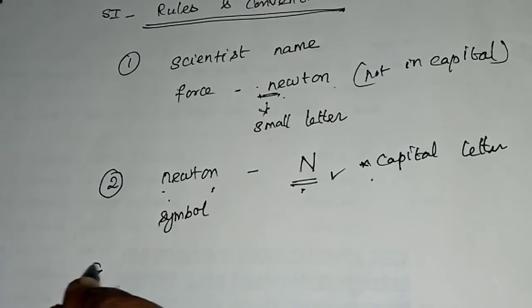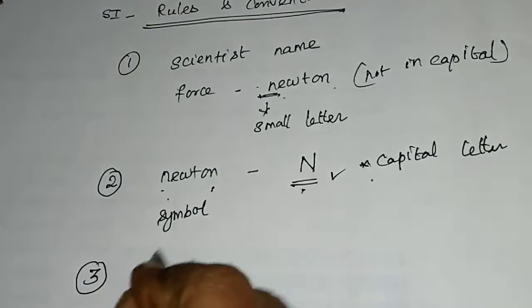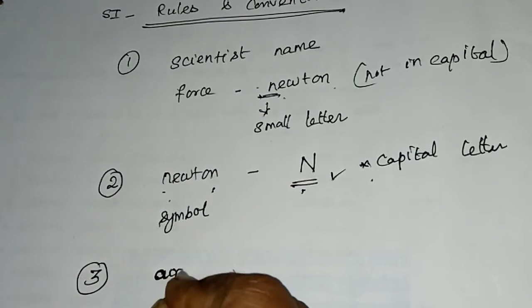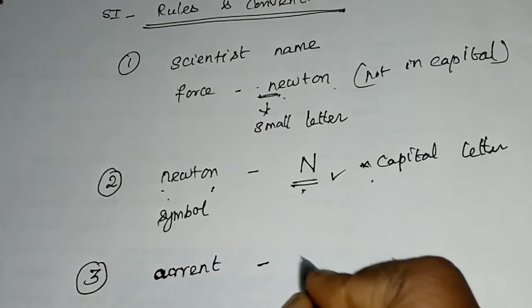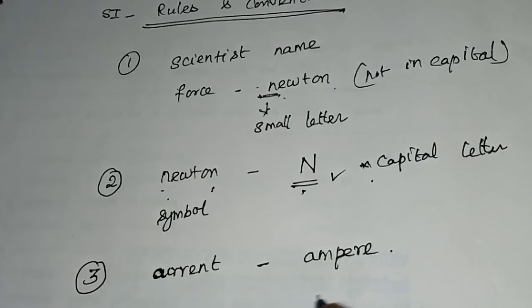And the third point: if you mention some scientist's name as a unit, for example, for electric current, the unit we mention is ampere, and some of you mention it as amp. That should not be right.